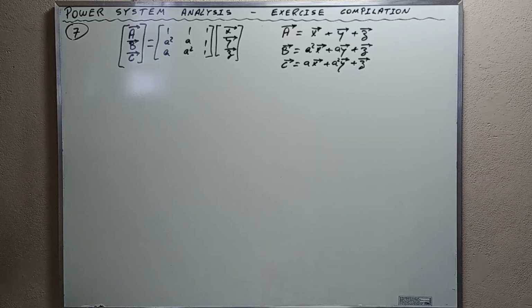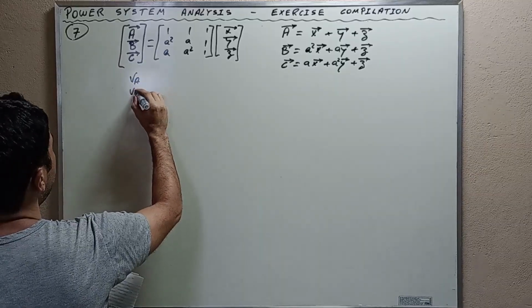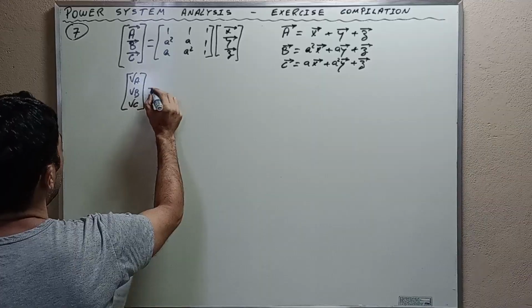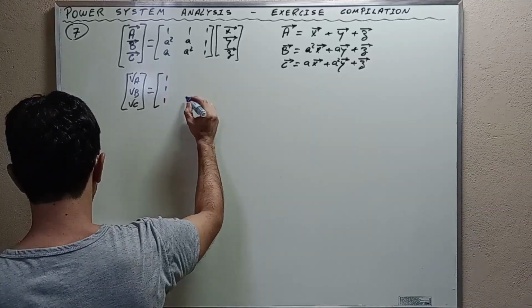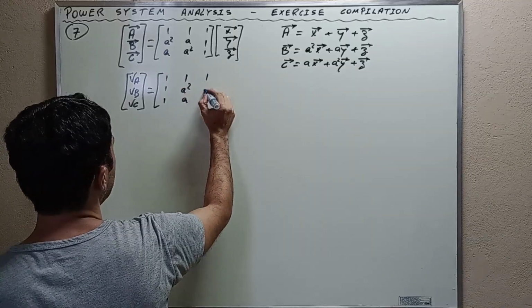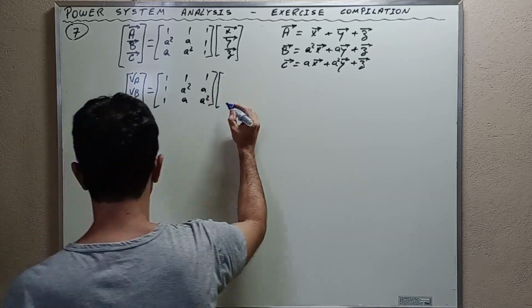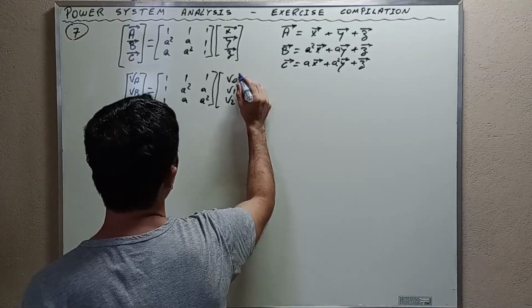Okay? If we compare the aforementioned expressions with the standard way of relating electrical quantities to their symmetrical components, the way we normally do is this. For example, for voltage, VA, VB, and VC is equal to the matrix 1 1 1, 1 a squared a, 1 a a squared, times V0, V1 and V2, all right?